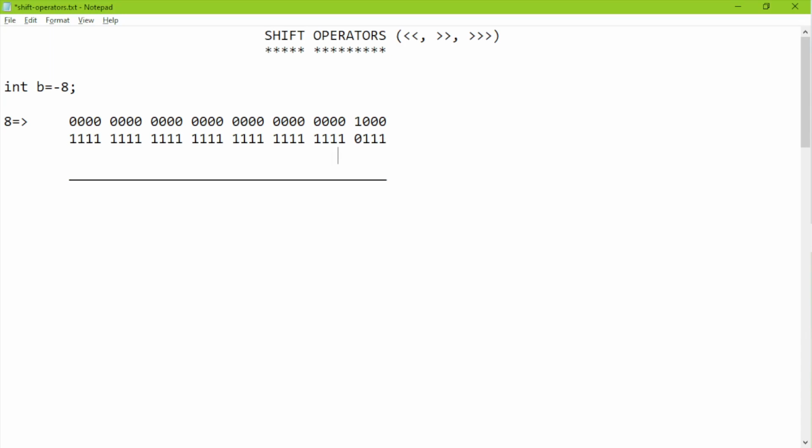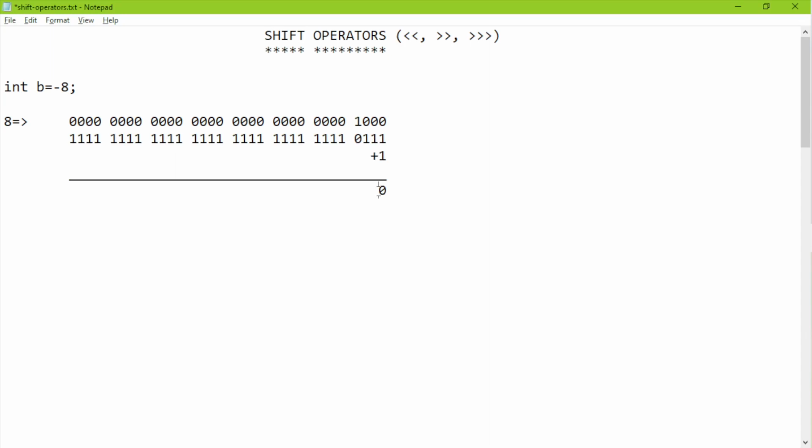Now we have to add one to this converted value, so we are going to add +1. 1 plus 1 is 0, and we have the remainder 1.